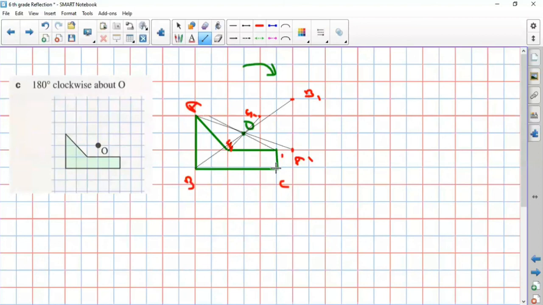And this point, okay, 2. So it will come here. Let's name them C1 and here D1. Let's join those points now.